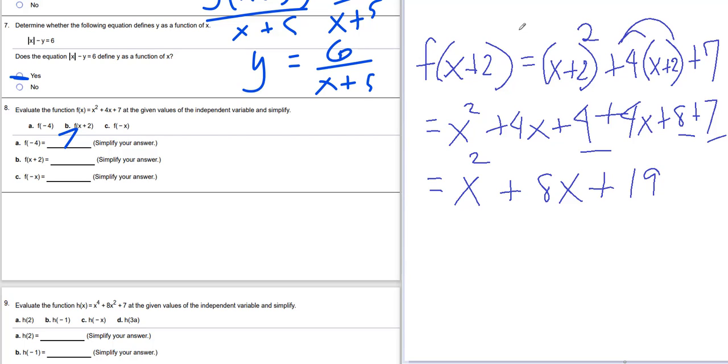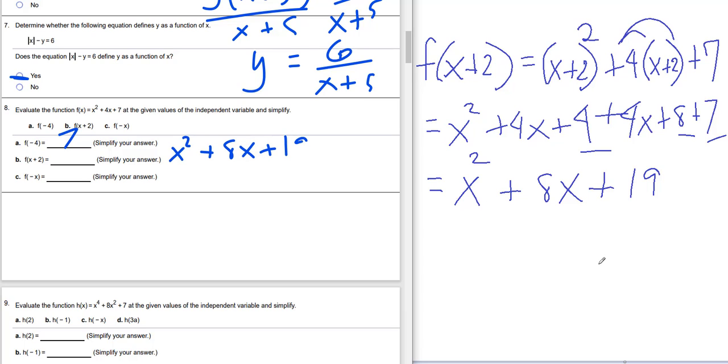So when we evaluate f for x plus 2, we get this expression, x squared plus 8x plus 19. And there's not anything we can do with that. Okay, if we had a number, we could evaluate it, but we don't have a number. So that's our answer, is that expression.